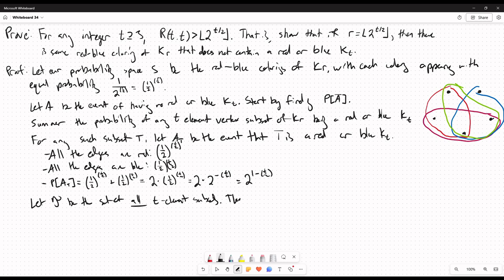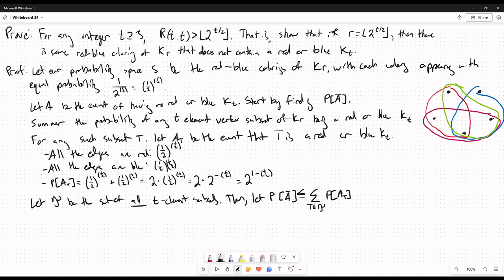Then the probability of the complement of A, which is what we're interested in right now, is going to be less than or equal to the sum for all T in this cursive T of the probabilities of A_T.